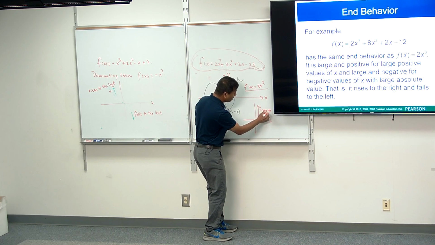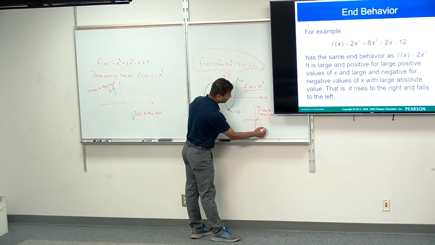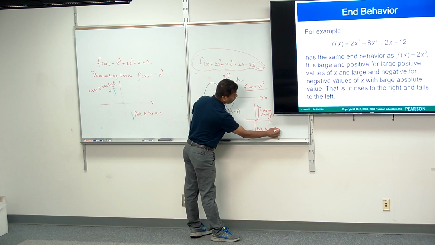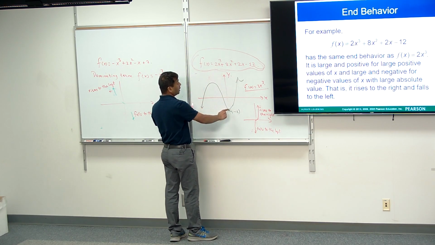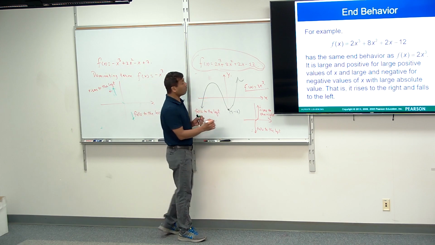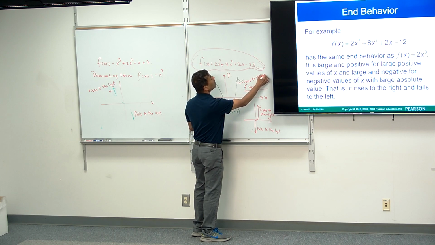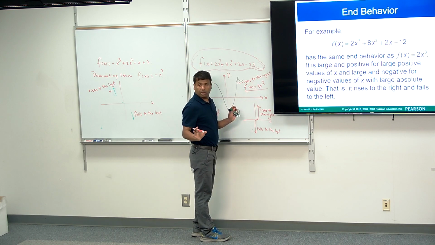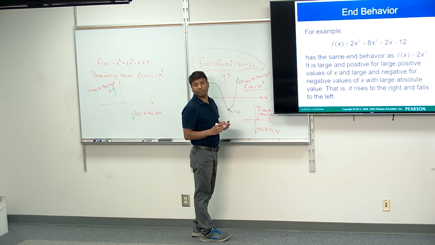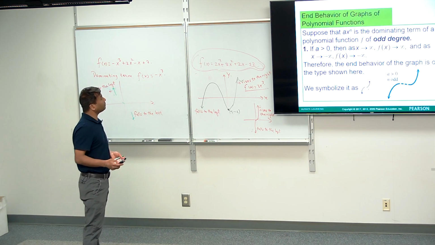Rises to the right. What happened here? Falls to the left. And this is the exact graph of this function. You see what happened here? Falls to the left. What happened here? Rises to the right. They have the same end behavior. That makes sense? You've got to be careful about that, okay?